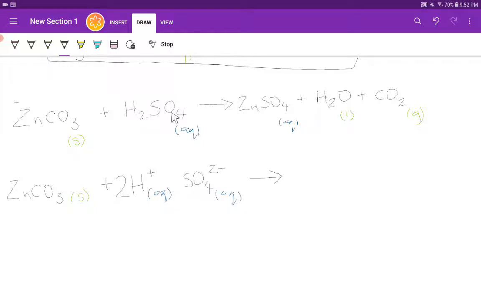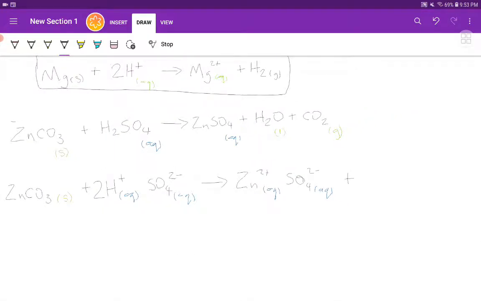Now we come to our product side. In our product side, we have our zinc sulfate. So the zinc sulfate is going to split up into zinc ions and sulfate ions. So our zinc ions, our Zn2 plus ions, are aqueous. And our SO4 2 minus ions are also going to be aqueous.